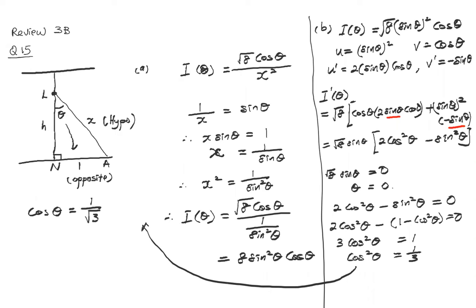Okay, so because theta is between 0 and pi by 2, we won't take the negative part, because if theta equal to pi by 2, it means that L is at N. Okay, so what we do, we use our calculator and get the cos inverse of 1 over root 3. This one you definitely cannot get exact value, okay? So you take out your graphic calculator or scientific calculator and you get the cos inverse of 1 over root 3.